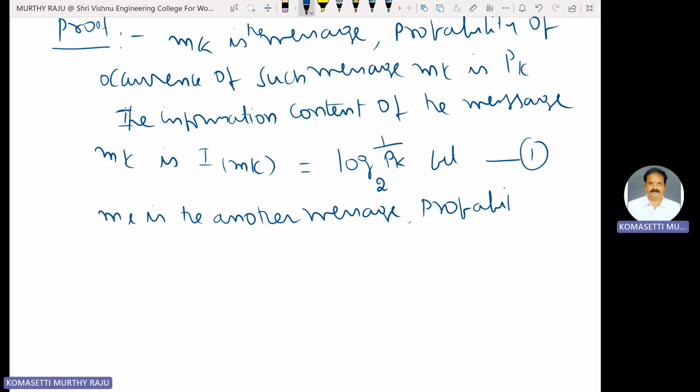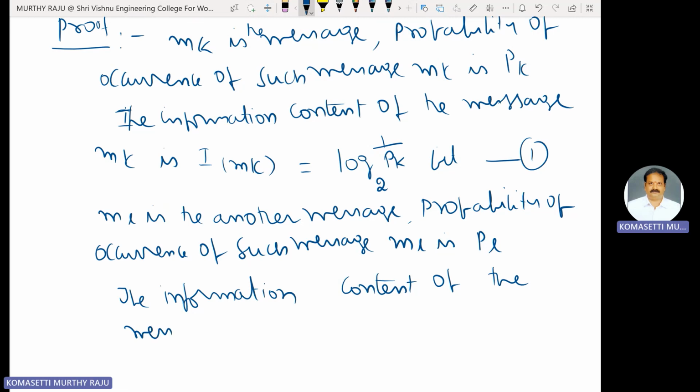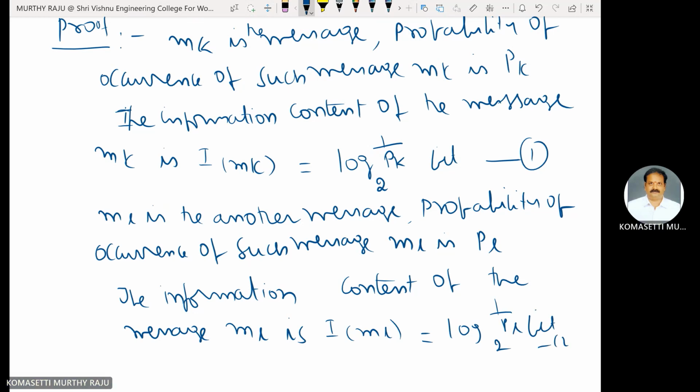Probability of occurrence of such a message M of L is P L. The information content of the message M of L is I of M of L, which is equal to log 1 by P L base 2 bit. This one is the second equation.